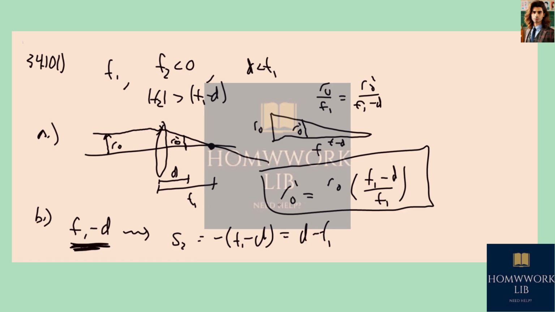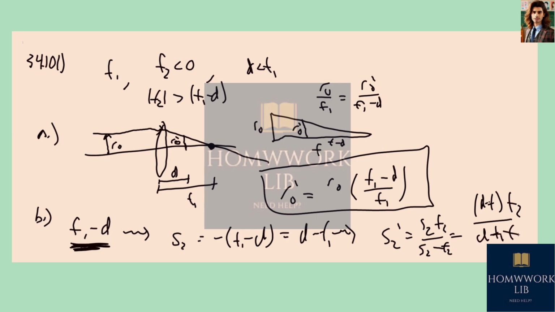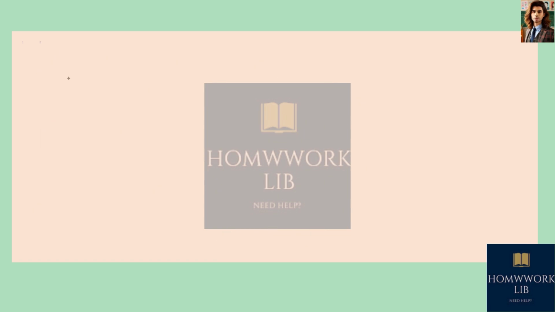Now we can use the thin lens equation, and we know s2 prime is s2 f2 over s2 minus f2. Plugging in, we see that this is (d minus f1) times f2 over d minus f1 minus f2. Let's rearrange that.